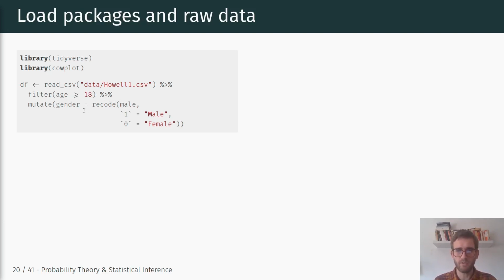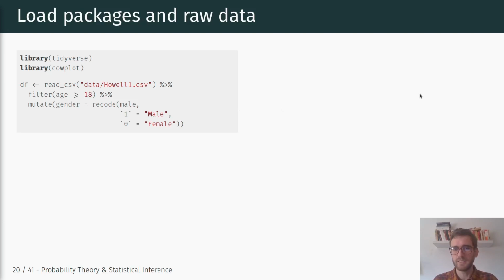And then just for plotting, there's a variable male in that data set, which is just a dichotomous indicator, which takes a value of 0 or 1. And for plotting later, I'm going to recode this to a gender variable with male and female as character outcomes, because ultimately that will make the legend for plots a little bit easier.